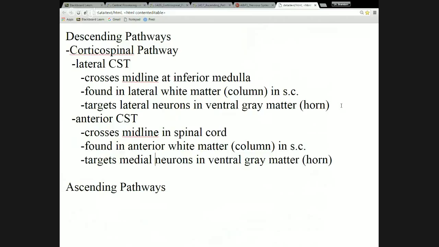Not exactly like the map that I described in the motor cortex, but rather the lateral position neurons are going to be responsible for controlling lateral muscles, and the medial position neurons are going to be controlling medial muscles. So what parts of the body are lateral muscles going to tend to control?